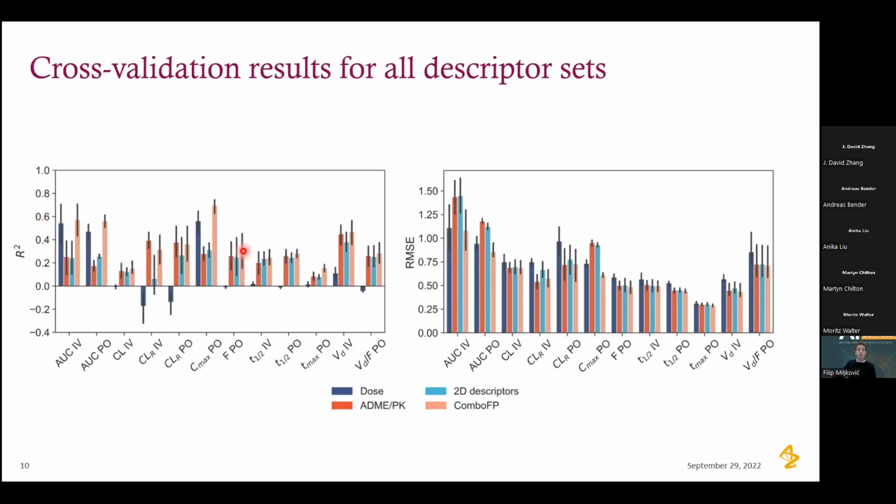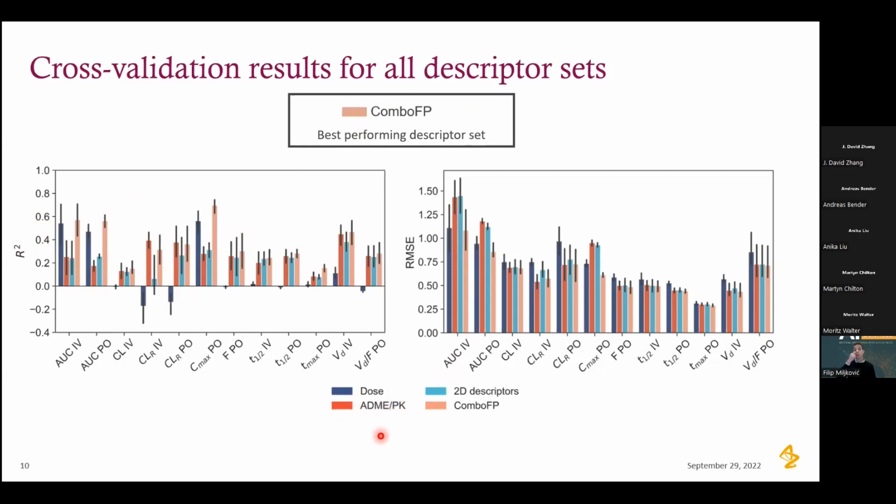For a good portion of the parameters, if we look at the R-squared and we put a threshold somewhere at 0.4, we can see that we observe quite fair performance for 7 or 8 of these parameters. And this was mainly achieved using combo FP, but in certain cases, ADME PK properties itself were sufficient to drive the modeling.